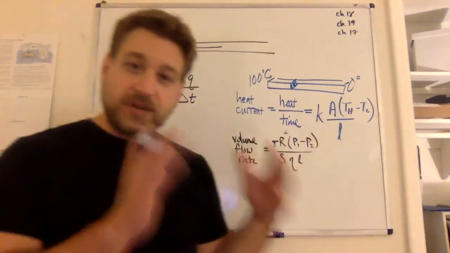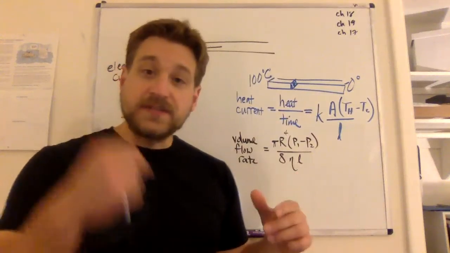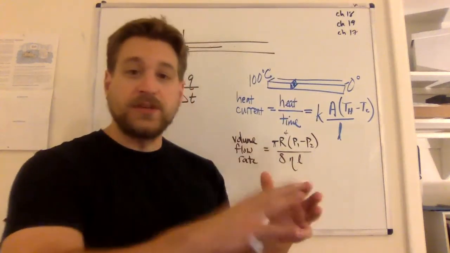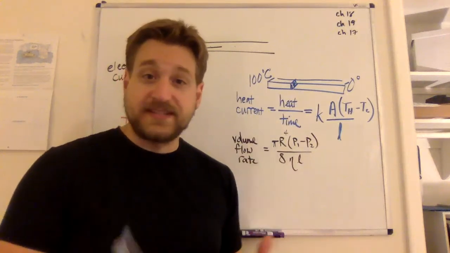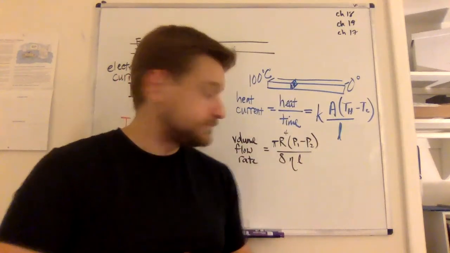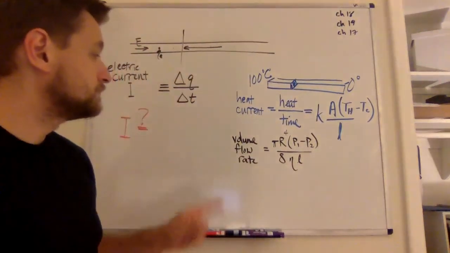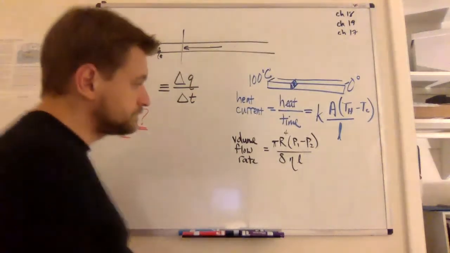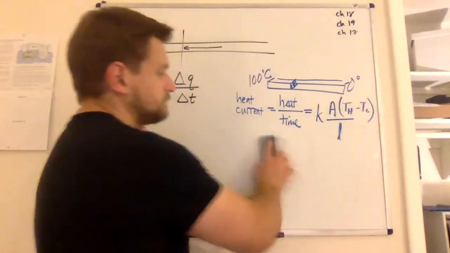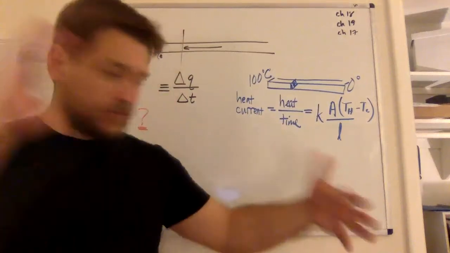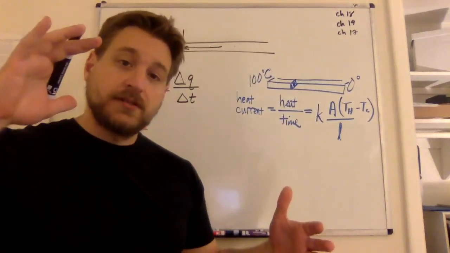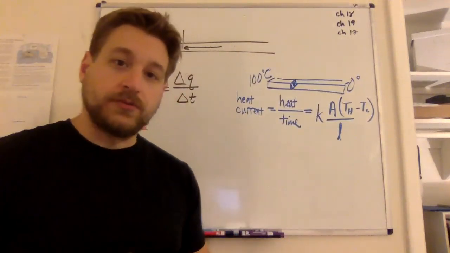And the greater the difference in pressure, the more we can push fluid through this viscous kind of self-resistance. This one I want to talk about, but it's the same sort of deal. The greater the difference, the more we can push through. All right.